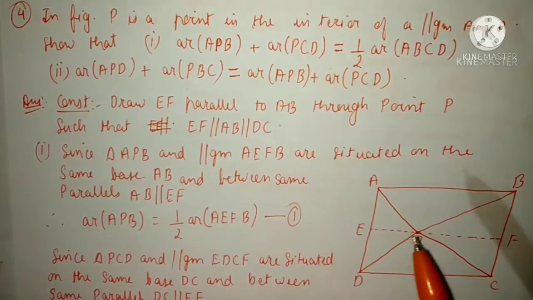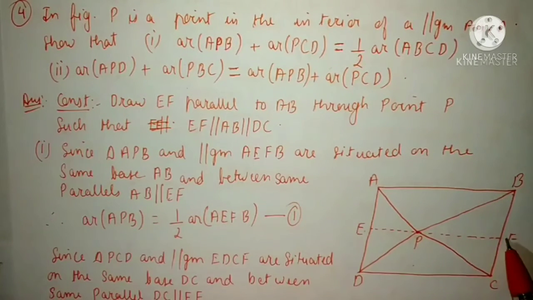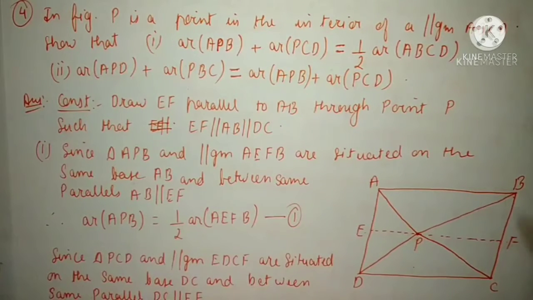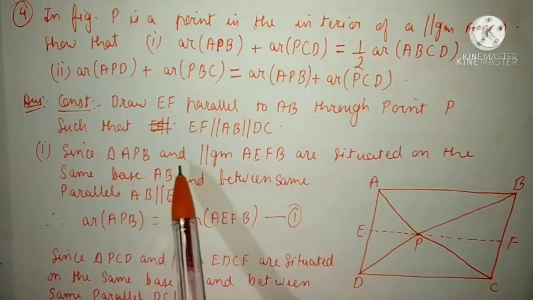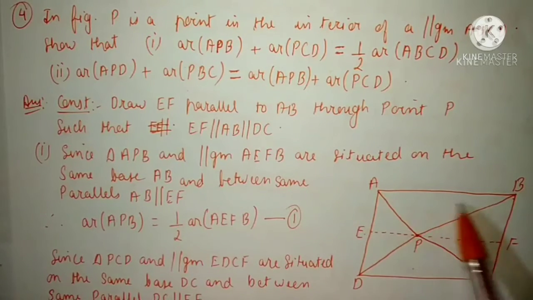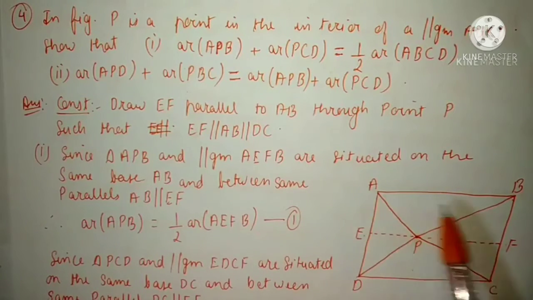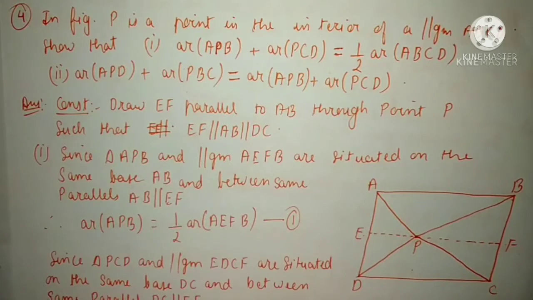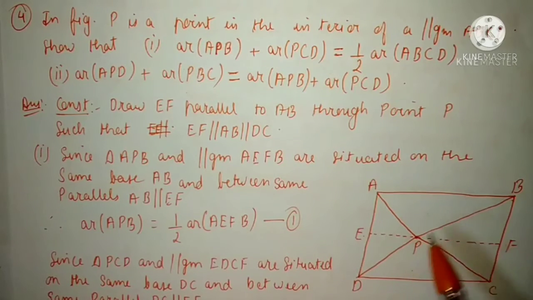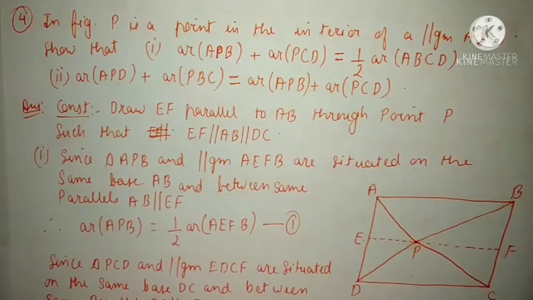Since triangle APB and parallelogram AEFB lie on the same base and between the same parallel lines, we will write: since triangle APB and parallelogram AEFB are situated on the same base AB and between the same parallels, AB parallel to EF, the area of this triangle will be half of the area of the parallelogram.